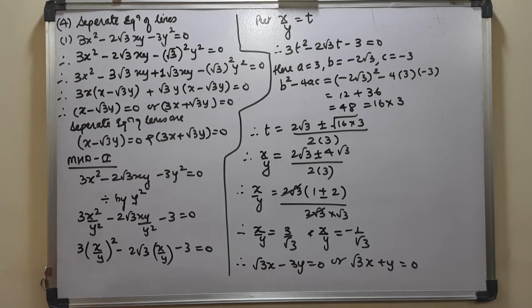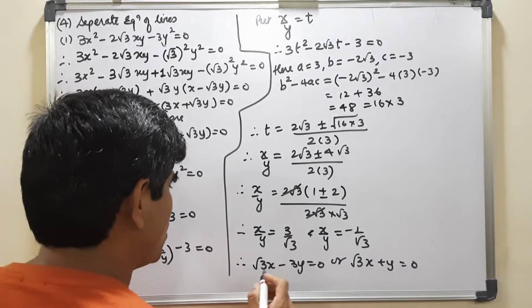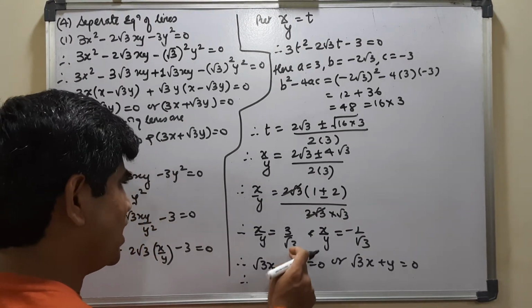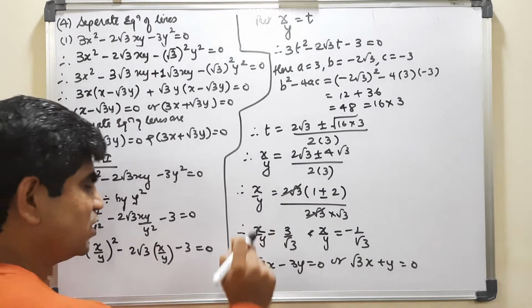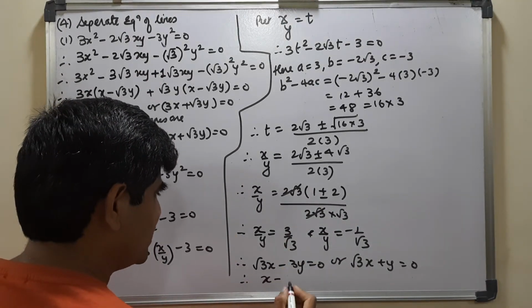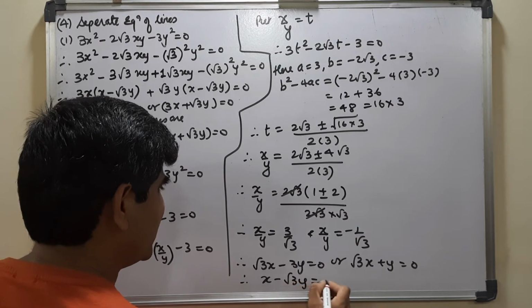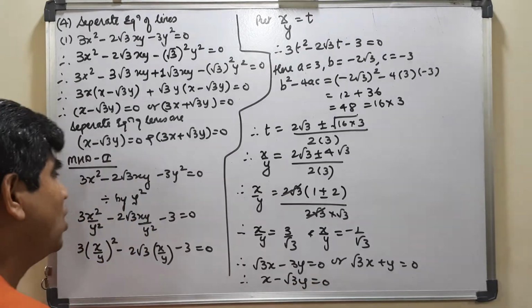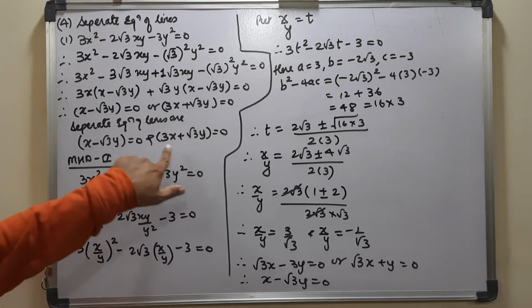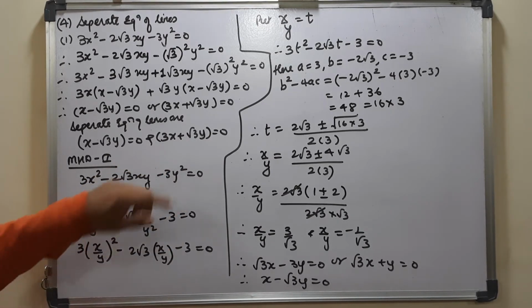Here if I want to take common, root 3 will be common. Actually I should have taken it here only. So this will become x minus root 3y is equal to 0, or root 3x plus y is equal to 0. Here also you can see root 3 can be taken. So x plus root 3y you will get here.